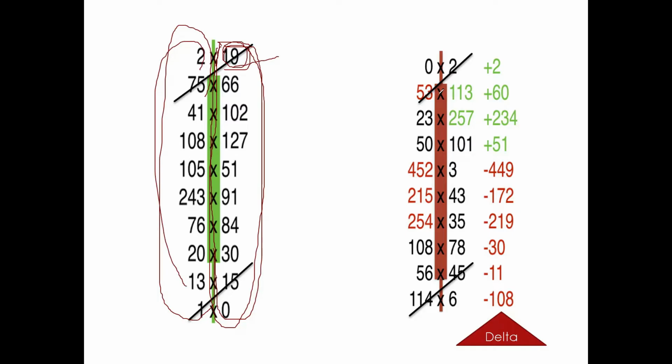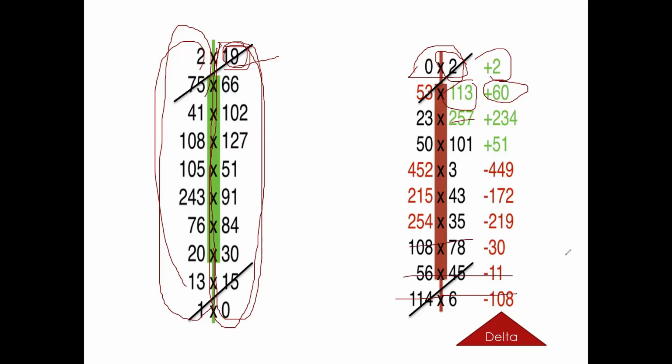So delta is nothing but the net difference between the aggressive buyer and aggressive seller. So how many more buyers are there? In this case, 60 extra buyers. In this case, 250. At every price level, this is the delta.